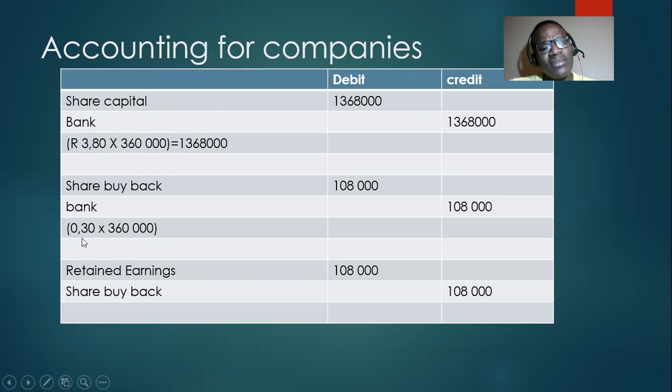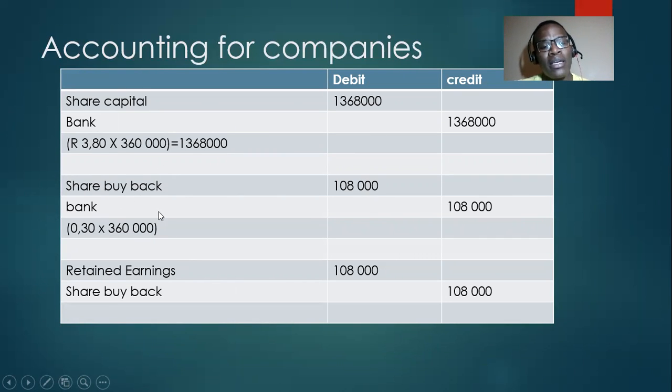Then on top of buying back those shares, the company paid 30 cents extra. That is because of the share buyback. So it paid 108,000 extra, right? That means it's going to be debit share buyback, credit bank because money is going out, right?